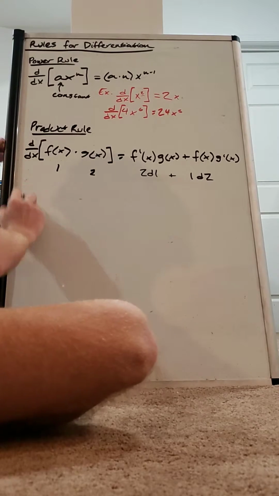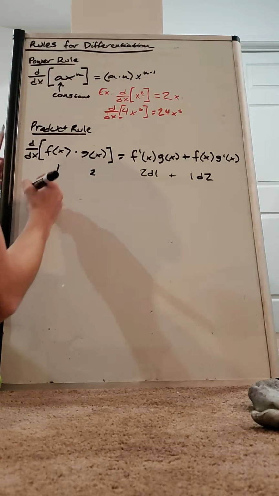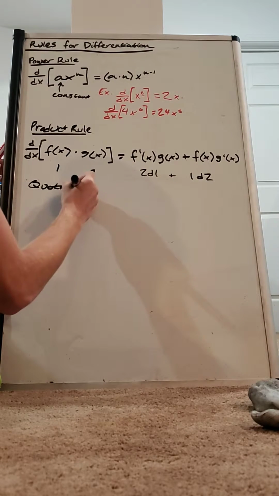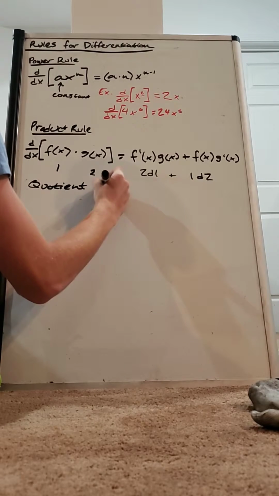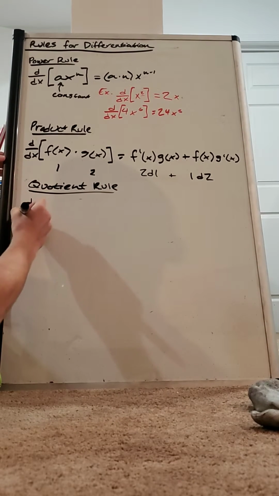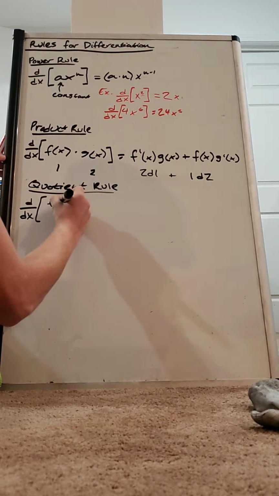And so another rule that we'll talk about is the quotient rule. And that also is exactly how it sounds. It is if you have two functions divided by each other.